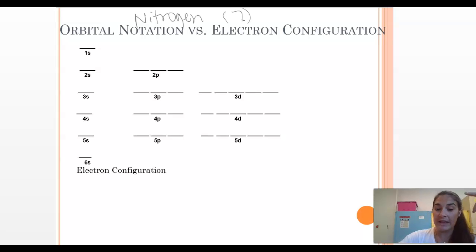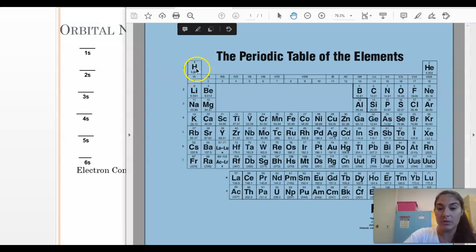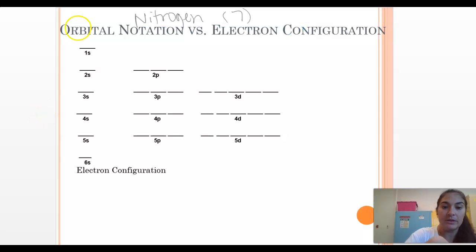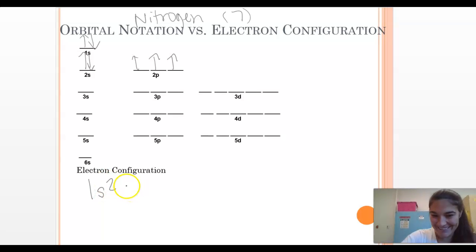So filling in nitrogen, 1s, 2, 2s, 2, 2p, 1, 2, 3. So the orbital notation, 1s with 2, 2s with 2, 2p with 1, 2, 3. Same way I was saying that out loud to figure out how to write it, 1s with 2, 2s with 2, 2p with 3.